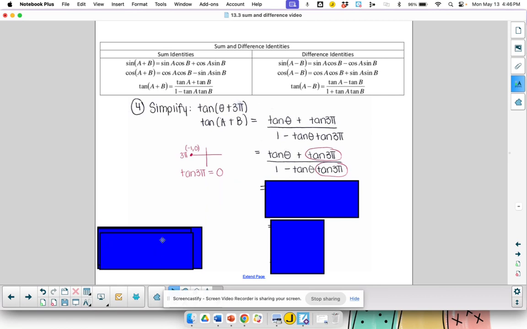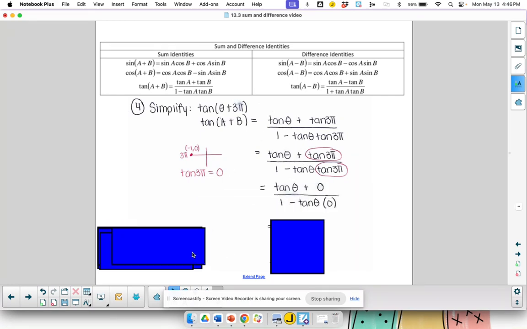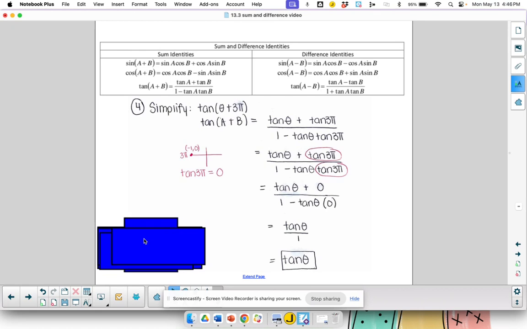So remember, tangent of 3 pi would be in the same location as pi. Its ordered pair is -1, 0. So tangent of 3 pi is y over x, which in this case is 0. So everywhere there's a tangent of 3 pi, I'm replacing it with a 0. And then I'm just multiplying and simplifying, and this simplifies to tangent theta.